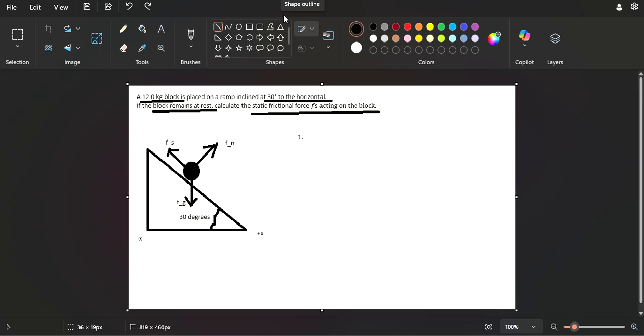So now we start with our formula. That will be the force of gravity. Let me write this down.